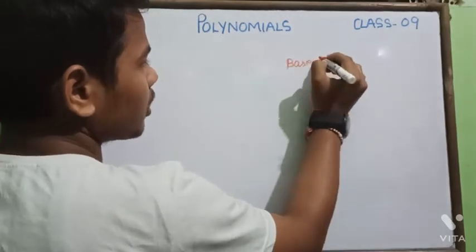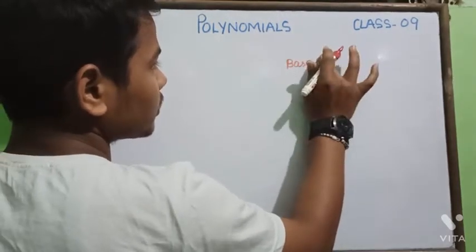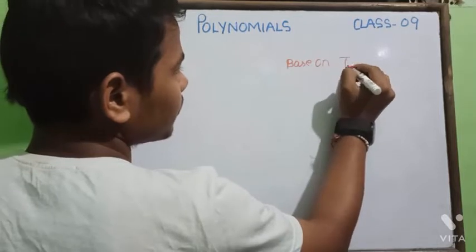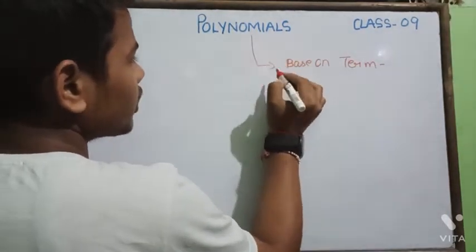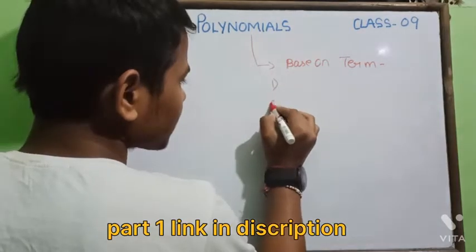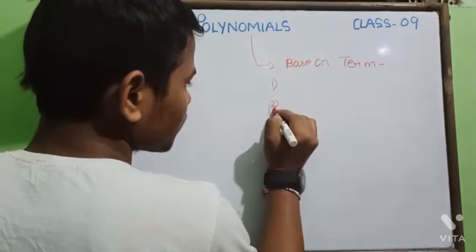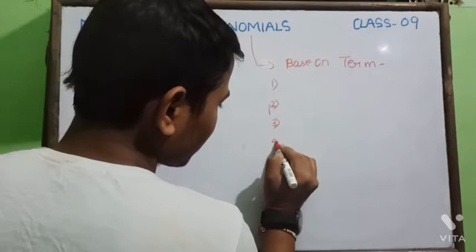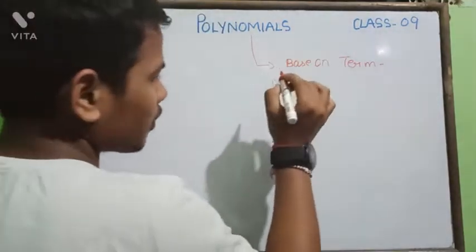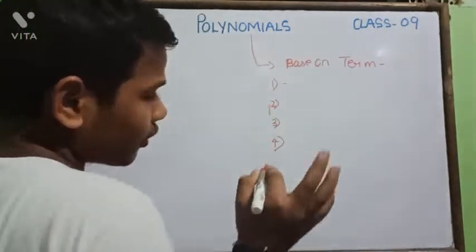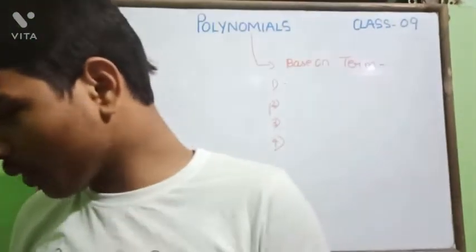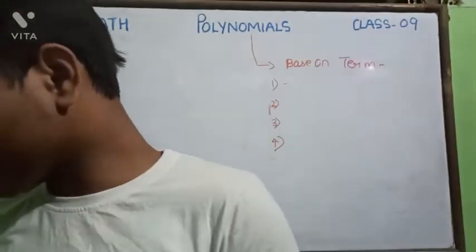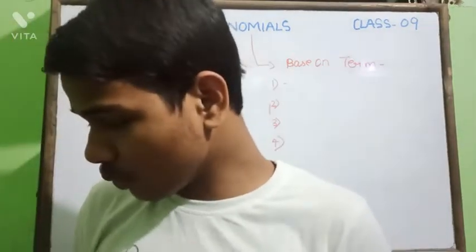Based on term, the types of polynomials are of four types: 1, 2, 3, 4. First is what I had told you yesterday. If you remember, then you can tell me, and otherwise I am here to tell you.